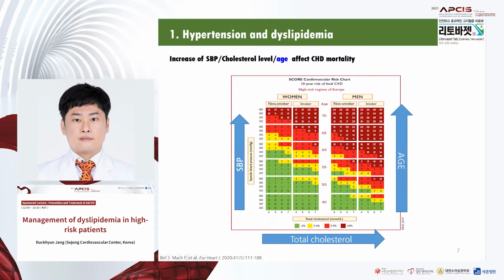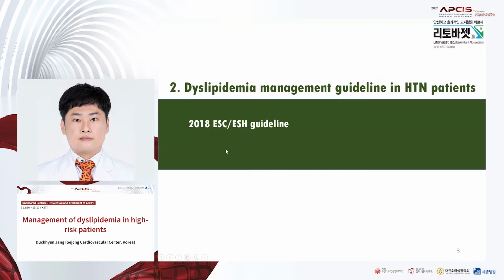Dark red is very high risk, red is high risk, yellow is intermediate risk, and green is low risk. It depends on several risk factors such as systolic blood pressure, total cholesterol level, age, sex, and smoker or non-smoker. It means that we should consider various risk factors to manage dyslipidemia.